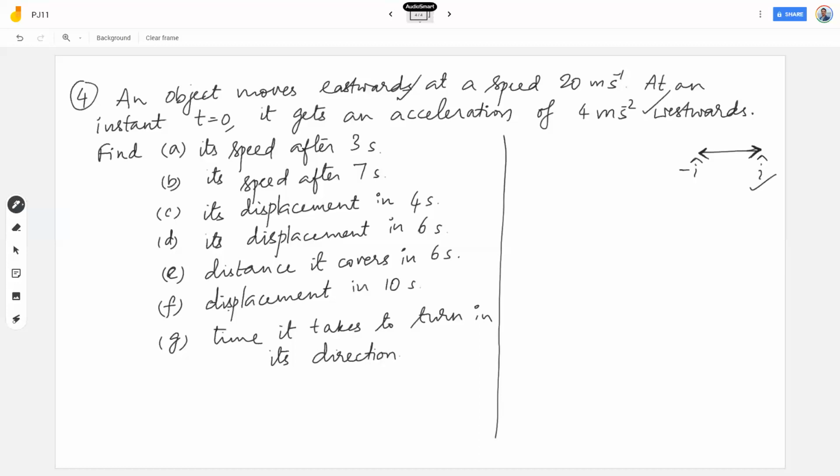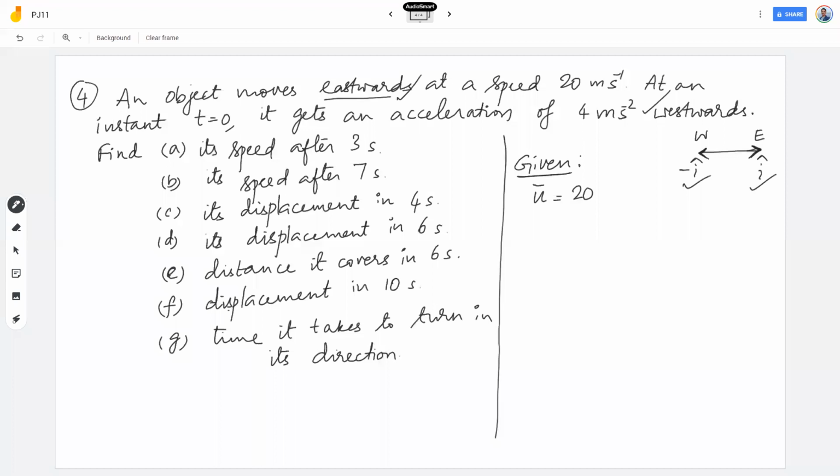Using this sign convention and these unit vectors, I'll write the given quantities. What is given? An object is moving eastwards at a speed of 20 meter per second. They have called east as I cap and west as minus I cap. So what they have given is the initial velocity u bar equal to 20, magnitude is 20, direction is eastwards.